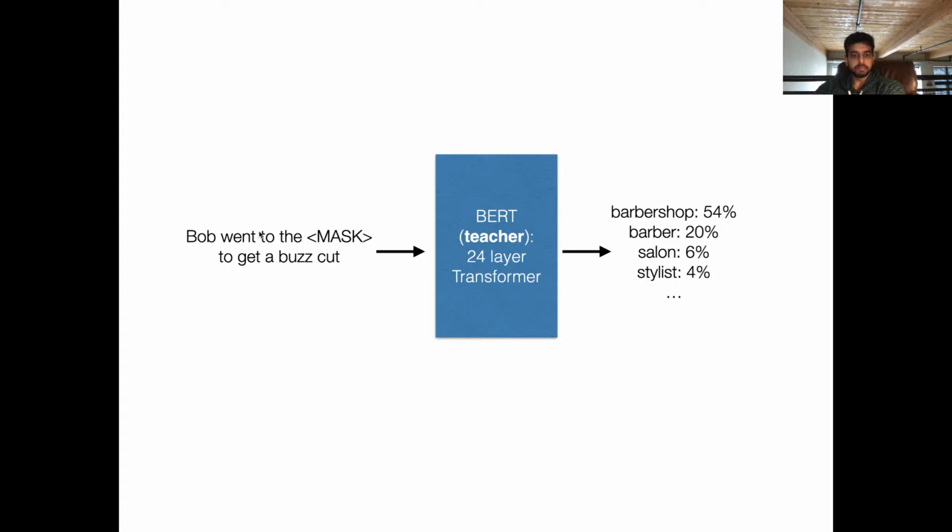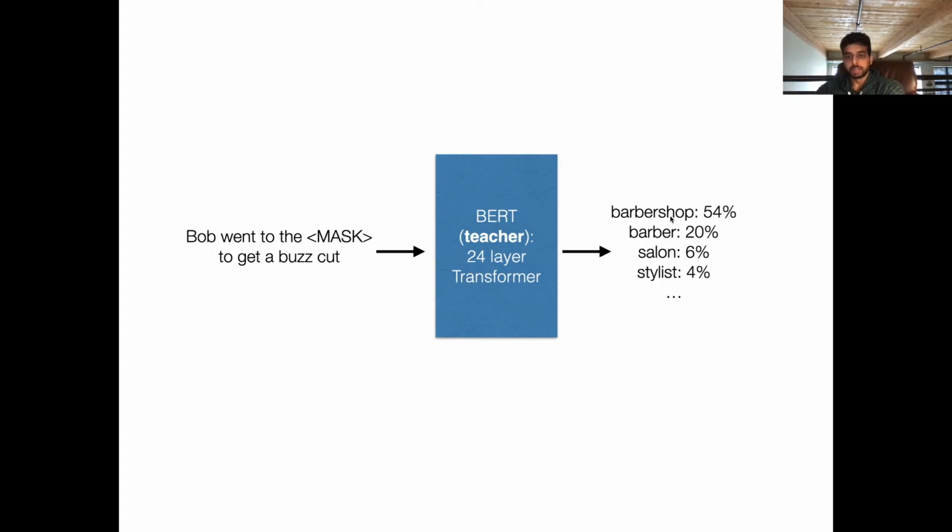So we know that BERT works by this masked language model objective, right? So I give it some input with a mask token: Bob went to the mask to get a buzz cut. And the model is going to produce a probability distribution over the words that could fill in this mask token, right?